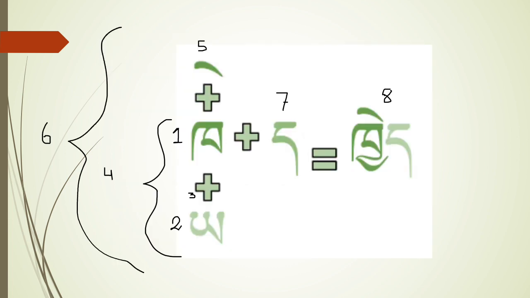So, yeah, this looks a bit complicated. Let me explain and make it easier. I put numbers with the order in which you have to spell this combination. So number 1 for ka, because that's where you start. So ka, and then you do the yata, which is below, you see it. So ka, ya, and then number 3 for the plus is this ta. So ka, ya, ta, kya.